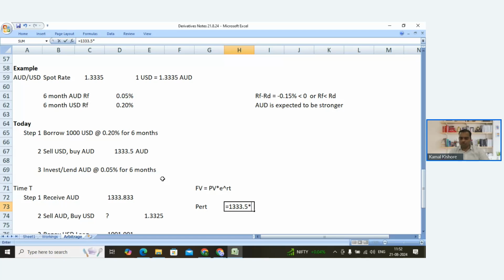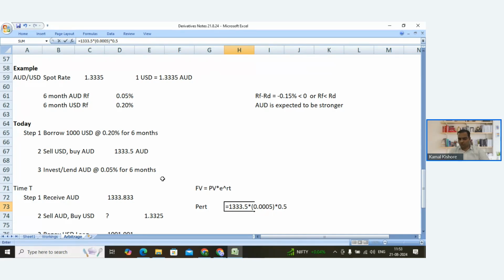First you will do the right side, RT. What is the rate of interest for AUD? 0.0005, into T, which is 0.5.